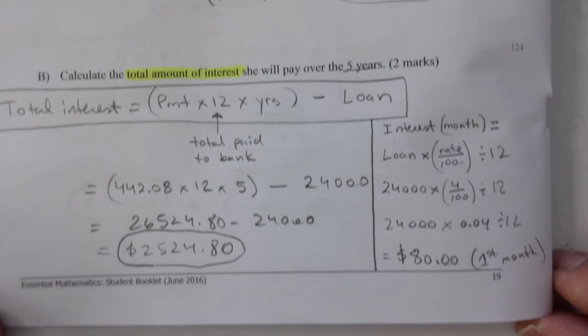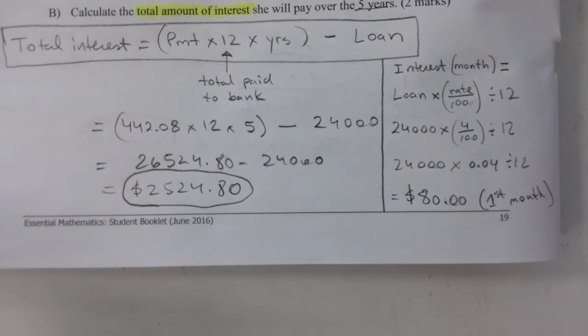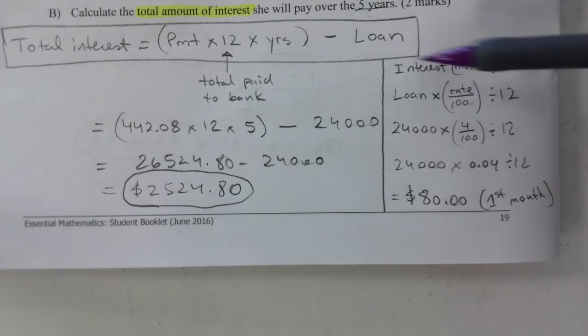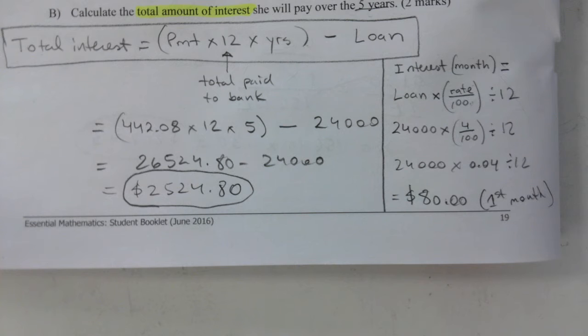Let me bring this up a bit more so that everybody can see that. This is a complete aside, but they do change it up on you. It depends on what year you're talking about.